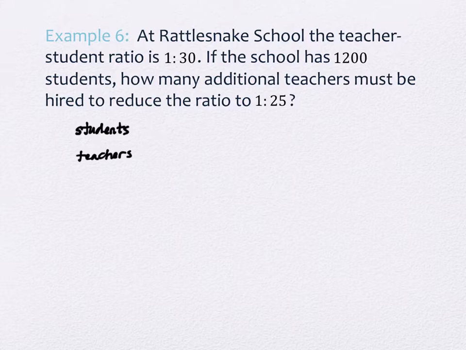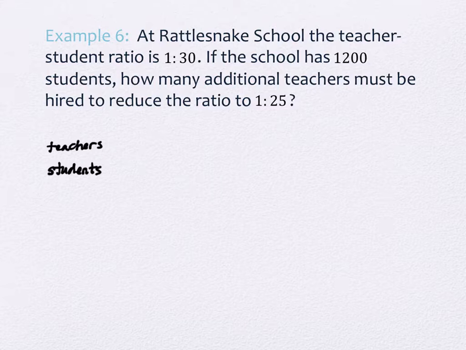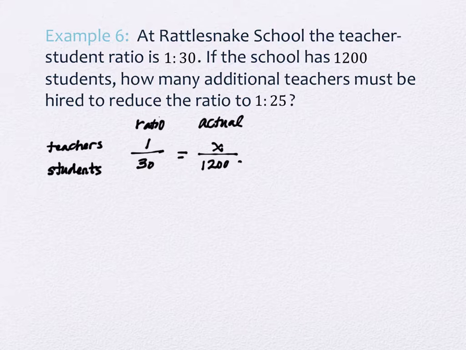So we have teachers compared to students, and then we have our ratio that we were given, the 1 to 30, compared to the actual number. Those are the quantities that we're comparing: the ratio to the actual number of teachers to students. So my ratio is 1 to 30, and then I've got an unknown number of teachers, but I know I have 1,200 students.